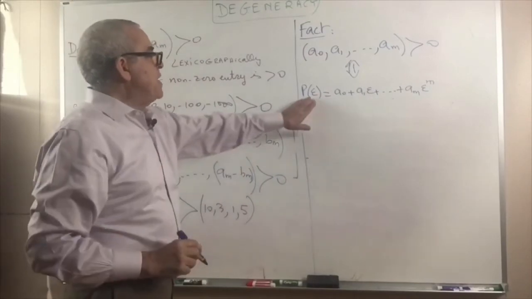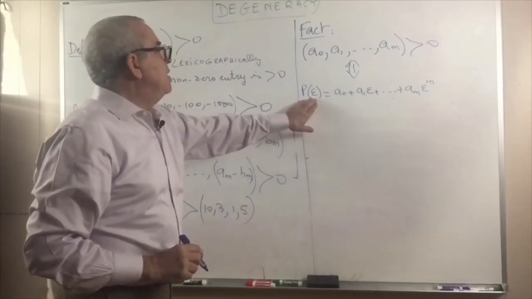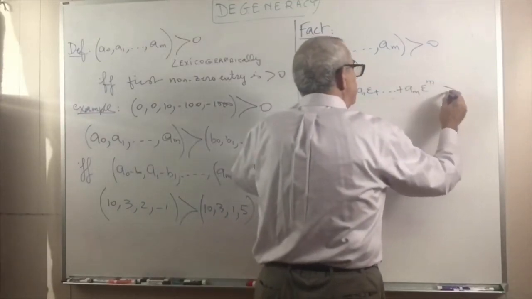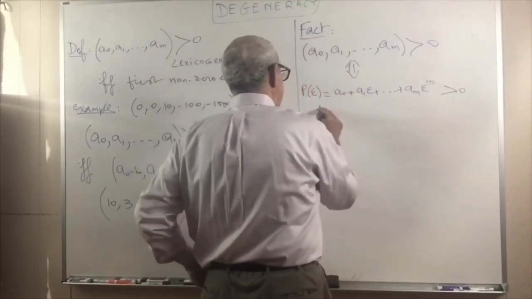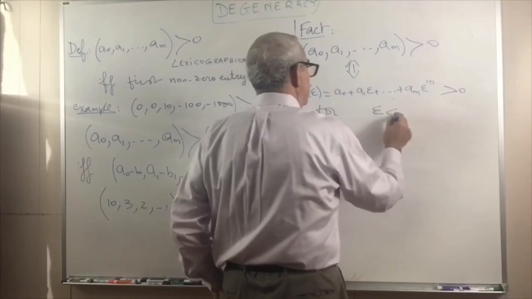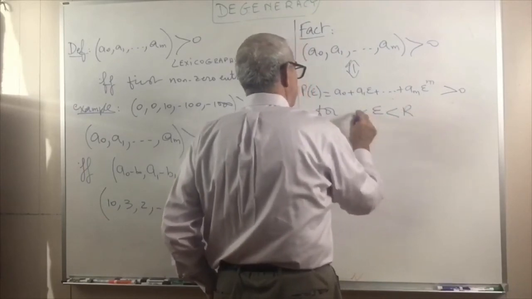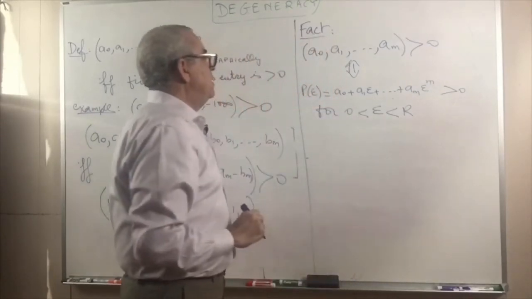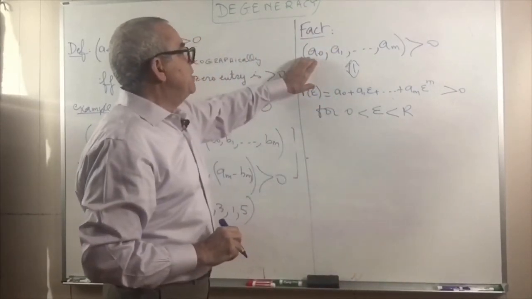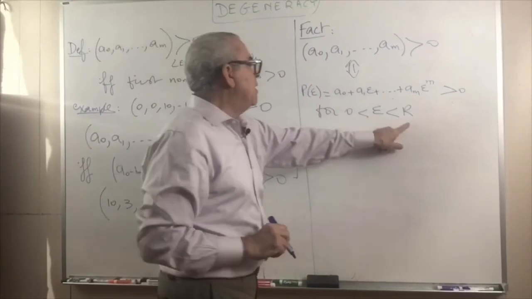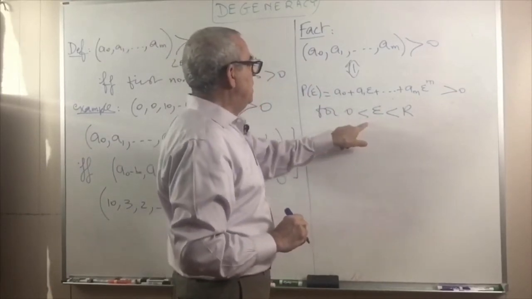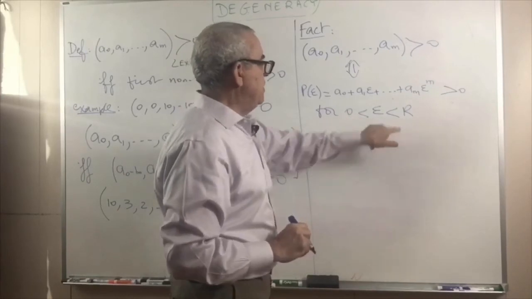This expression is a polynomial in epsilon. This polynomial is greater than 0 for epsilon less than r, for some r greater than 0. In other words, if this is lexicographically positive, there is a number r such that this expression is bigger than 0 for all epsilon between 0 and r, so in the neighborhood of 0.